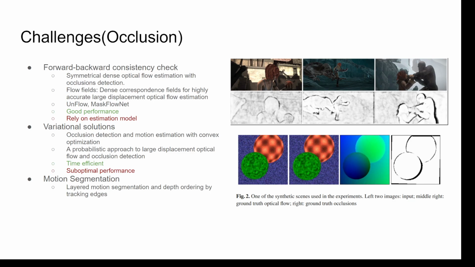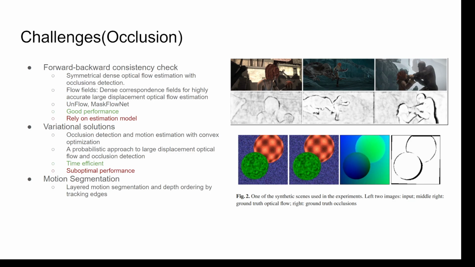And then they check if they are consistent to each other. If not, there's an occlusion. So as you can see, they rely on the estimation model to be very accurate to calculate a really accurate occlusion map.